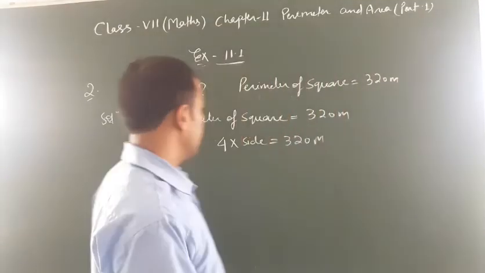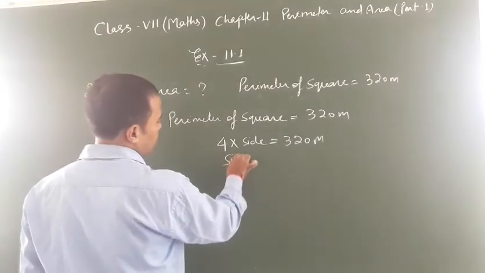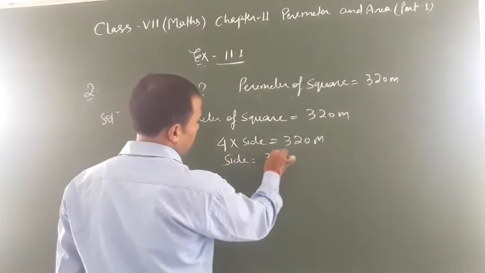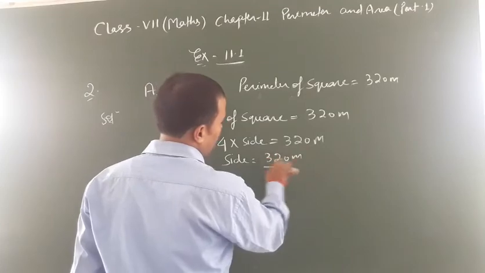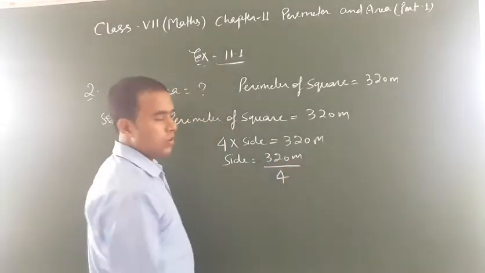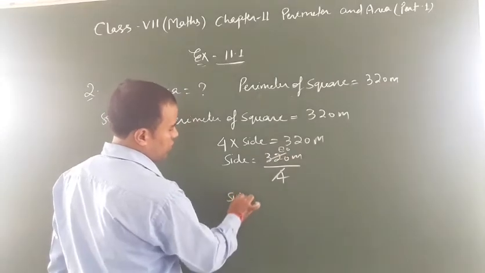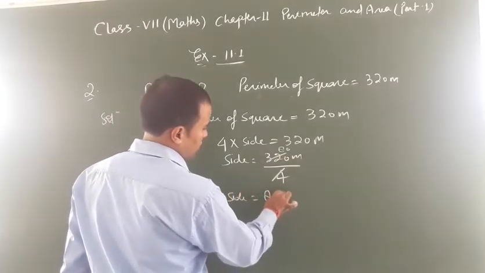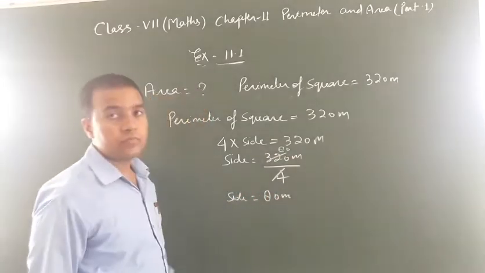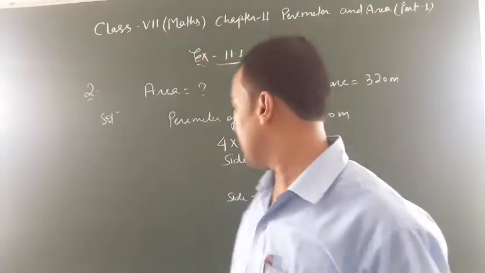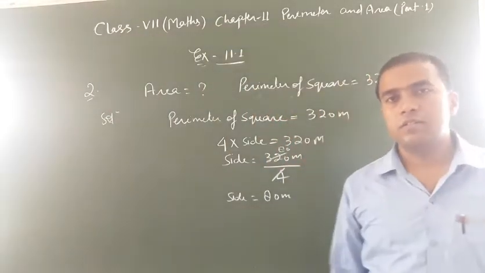Clear? Side equal to 320 upon 4, by transposition. 4 eights are 32, so side equals 80 meter. So the side of the square is 80 meter.